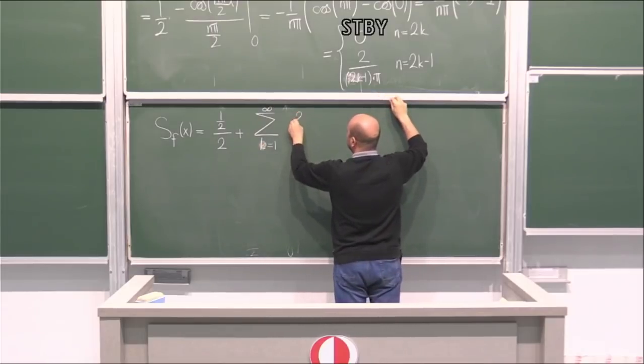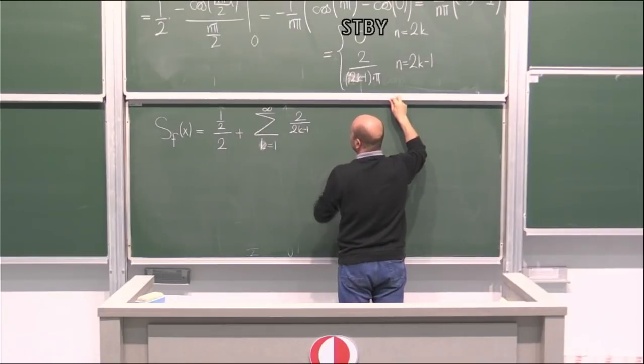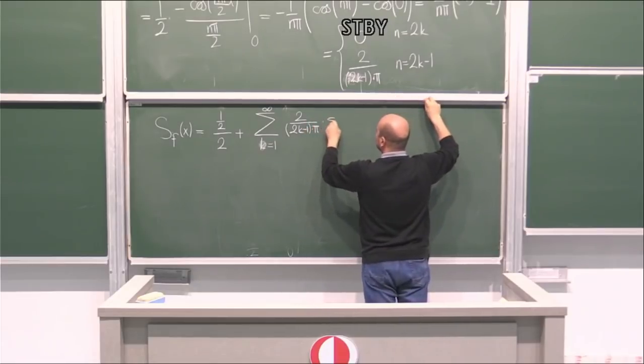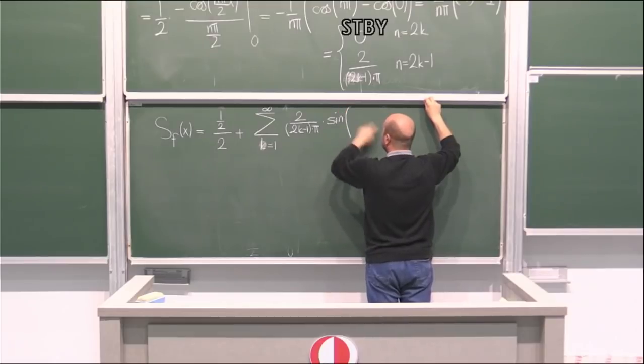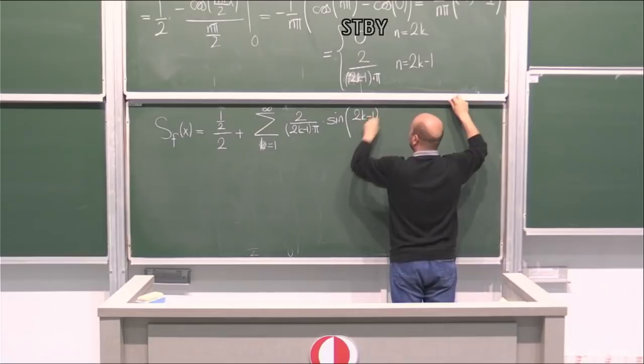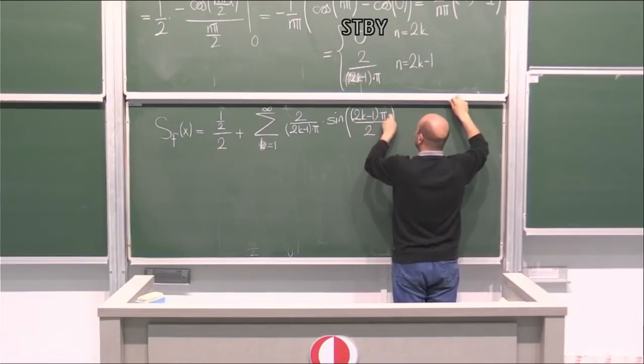So we have 2 over 2k minus 1 times pi, and sine of n pi, where n is now 2k minus 1, times pi over L, which is 2x.